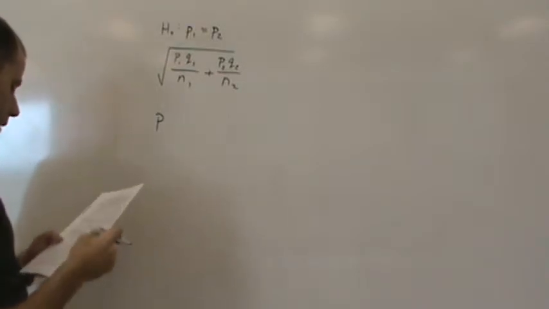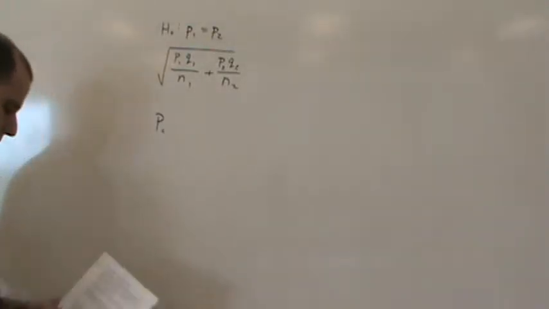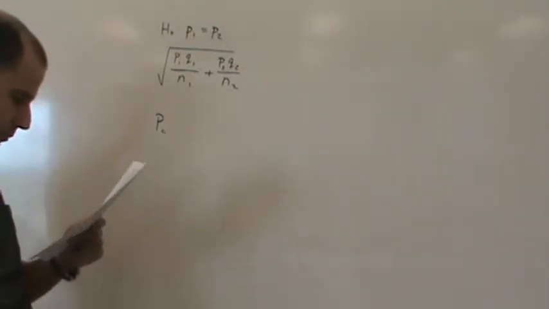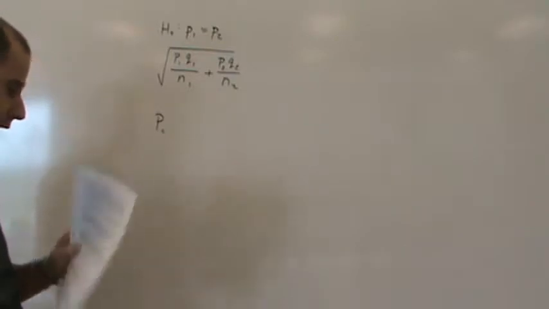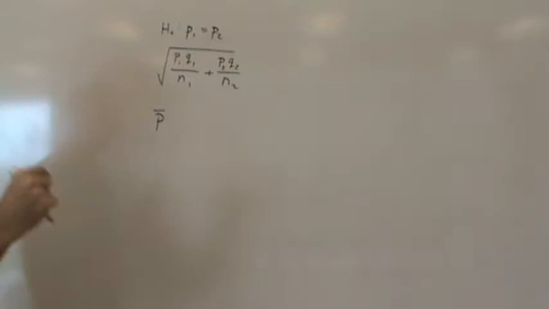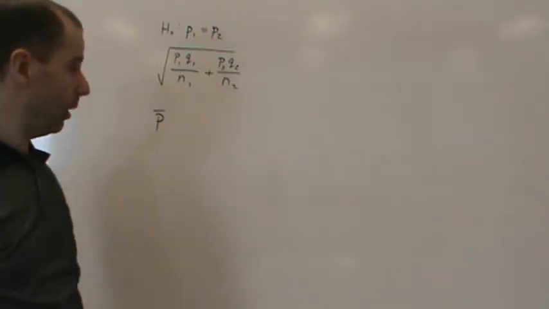Now, the textbook uses P sub C, which I believe is the pooled proportion. Other textbooks I've seen, which we use in this class as well, use P bar, which is fine, because it's like the average, X bar, P bar, so think of it that way as well.